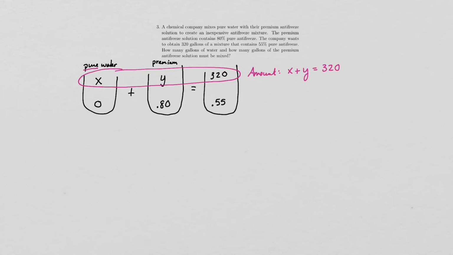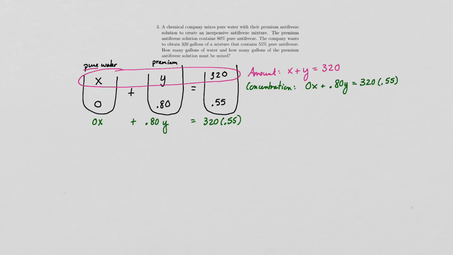And then we're going to multiply the things together. So 0x plus 0.80y equals 320 times 0.55. So my concentration equation is going to be 0x plus 0.80y equals 320 times 0.55.